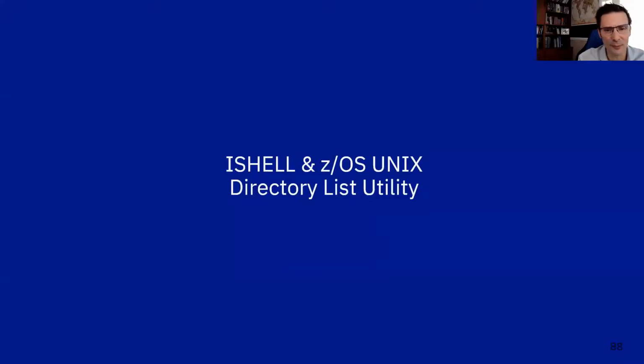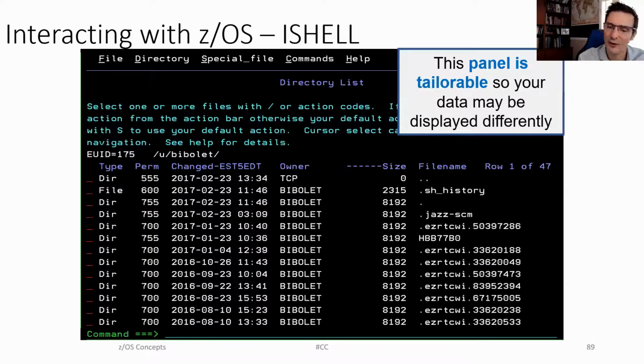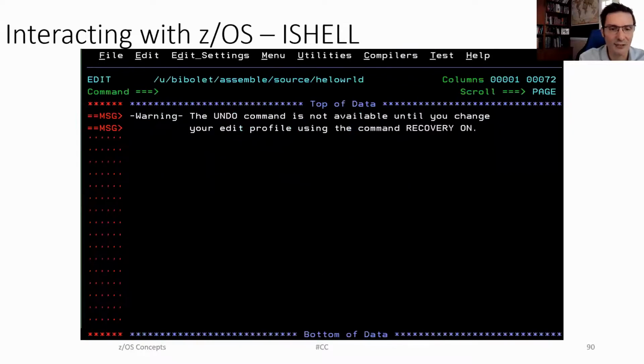So let's first talk about it. If you are an ISPF kind of guy and you like ISPF, well, you can launch iShell and you can tailor this to your own liking, and through slashes and traditional ISPF interfaces, traverse a Unix file system and then edit a particular program in ISPF if you wanted to.